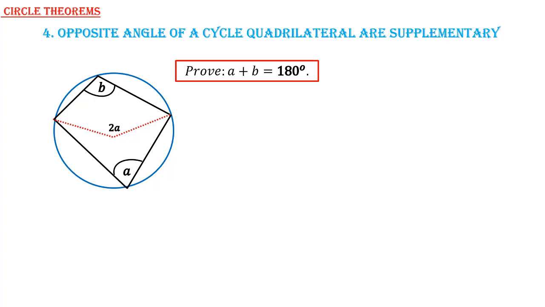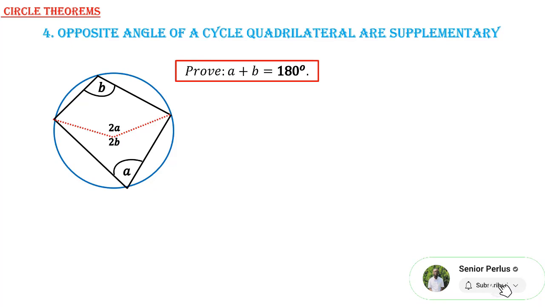So we are saying that A is twice this. That's why we go to 2A. So if you want to find the angle here, you have to multiply this A by 2. And then B is also twice, 2B, that angle there.